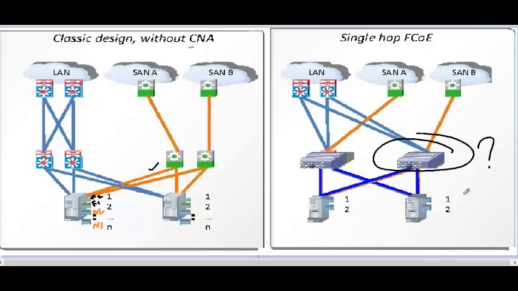But again, it depends on the line card. If your line card is FCoE enabled, if your line card is converged, if your line card is unified, then it is possible for you to have servers with CNA adapters. But in Nexus, you will have many line cards. So what they do, they will buy one IO module with unified ports.